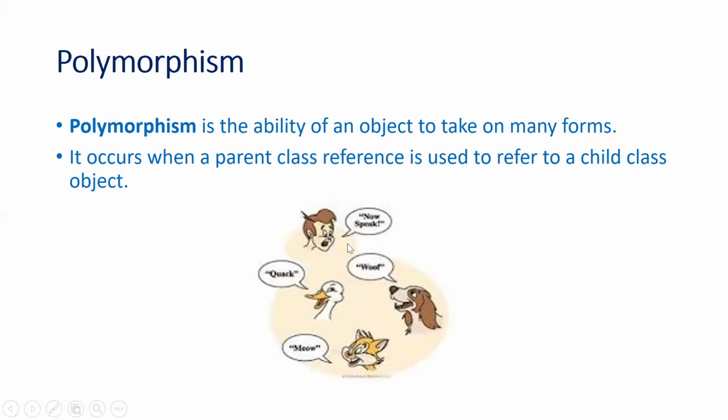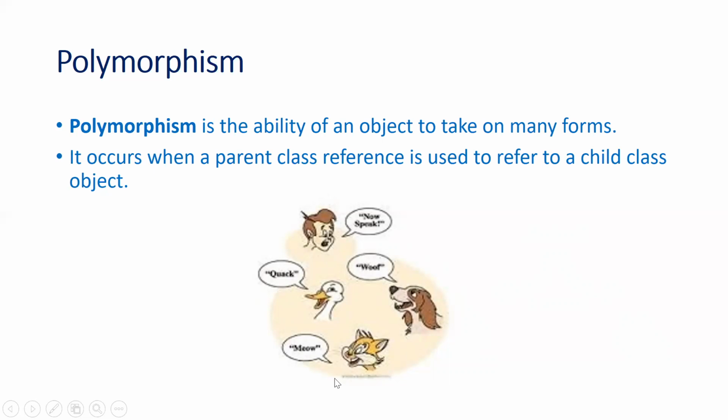all the living beings we are watching in this image can speak, but their type of speaking or talking is different. You see a human being is saying now speak, but a duck just sounds like this, quack, but a cat sounds like this, meow.